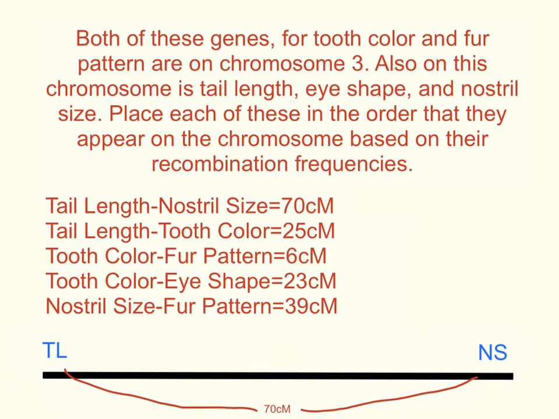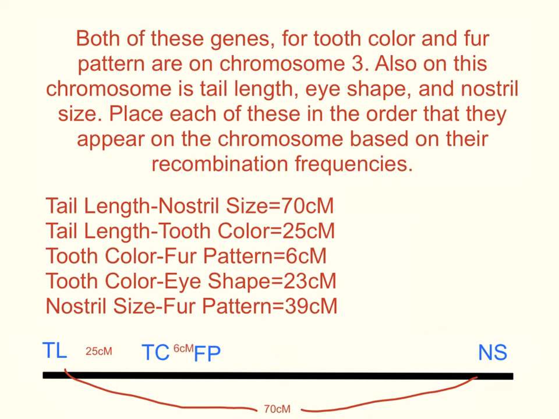Tail length and tooth color are 25 apart. So we can drag tooth color on here and put it a little ways away from tail length. Then we see tooth color and fur pattern is 6 centimorgans away. So we've got tooth color already on there, and we can put fur pattern close to it.